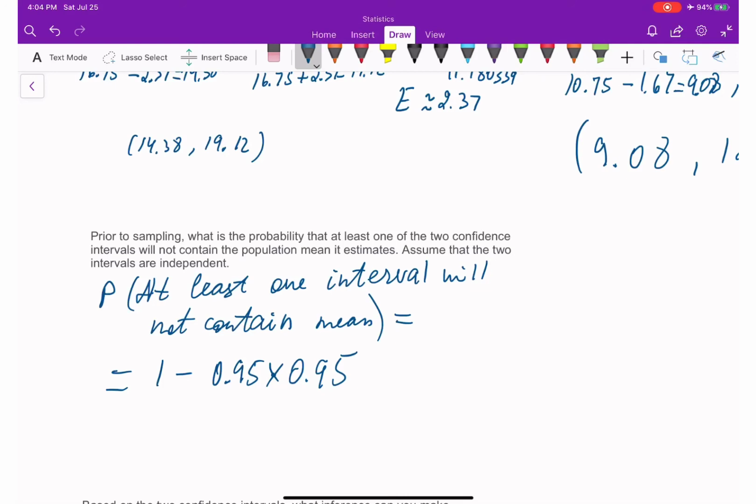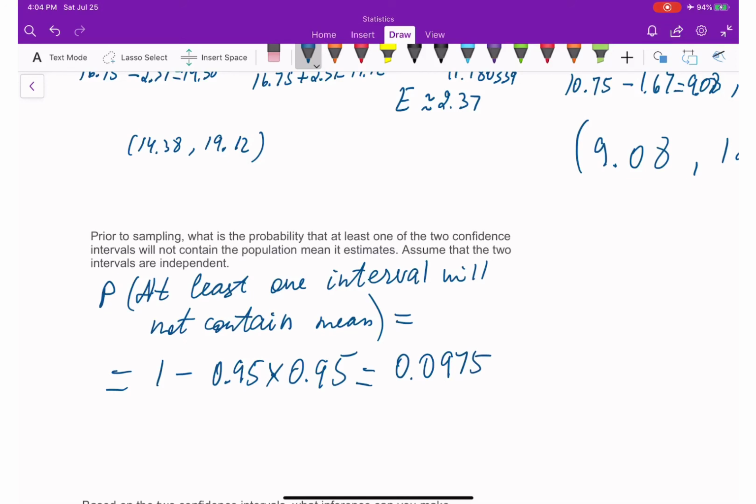And if we want to know the chance they won't have the mean, I have to take 1 and subtract the complement. The complement is they both have the mean, right? Subtract from 1, and you are going to get 0.0975.